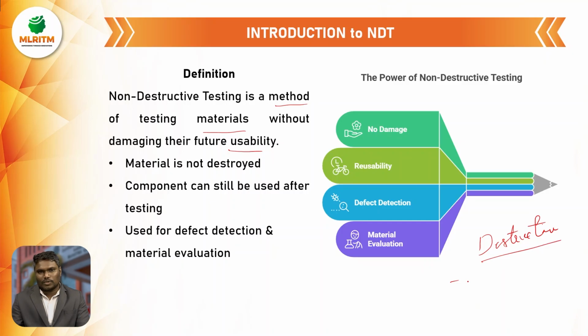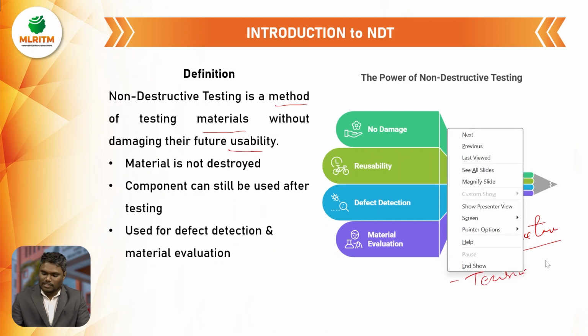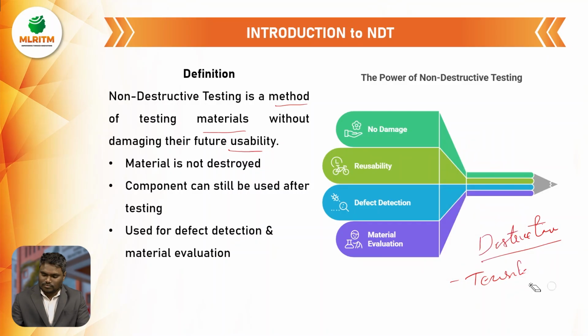So, what are the main destructive tests? To find out the properties of the material, we test mostly under the tensile test, and then the bending test, hardness test, and impact test. These are the different types of destructive testing.